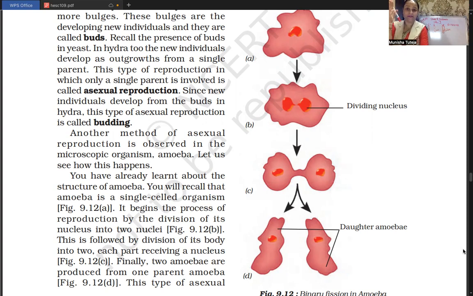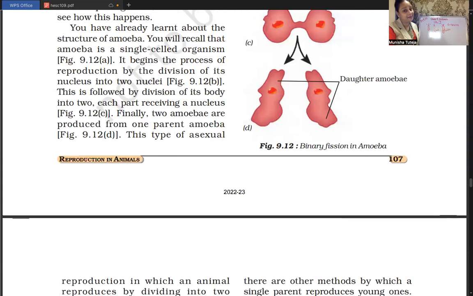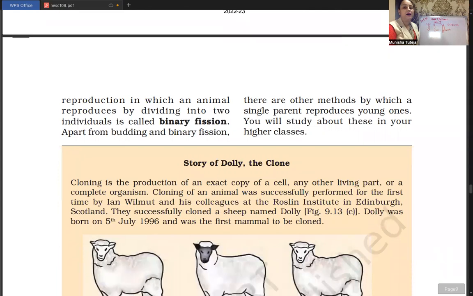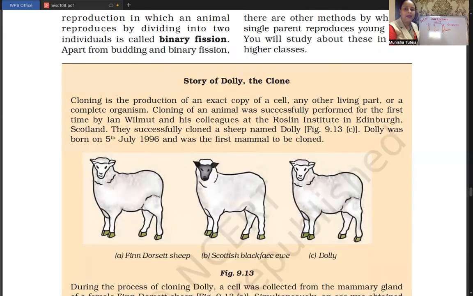So whenever we had that parent cell, now it has divided into two small cells, which can grow as two new individuals. Understand? So this is known as binary fission in amoeba, another kind of asexual reproduction in animals.